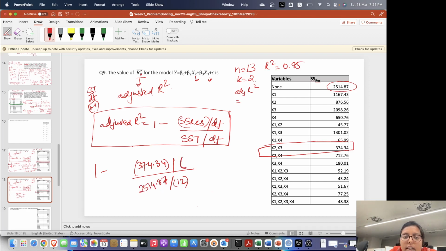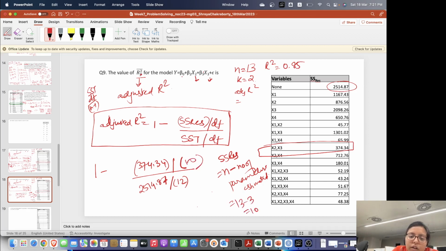The degrees of freedom of error or residuals is always n minus the number of parameters estimated. So here we had 3 parameters: beta naught, beta 2, beta 3. So this is 13 minus 3, that is 10.